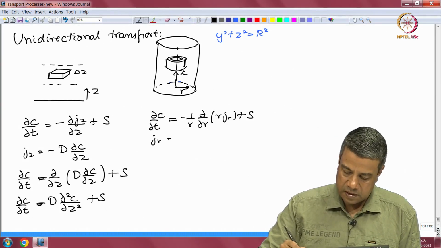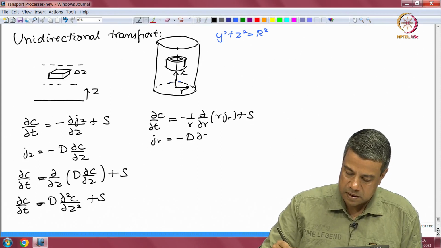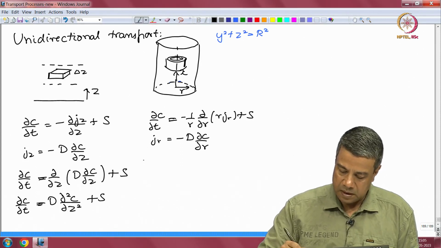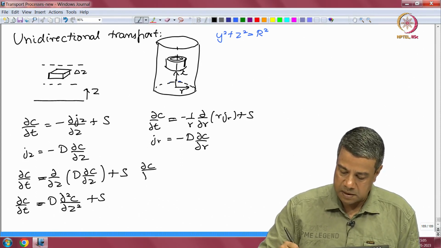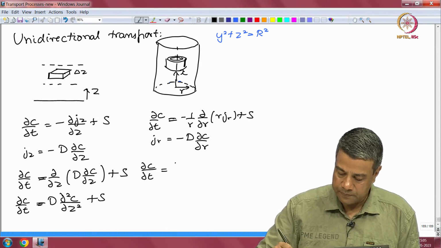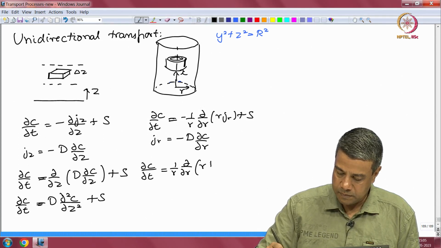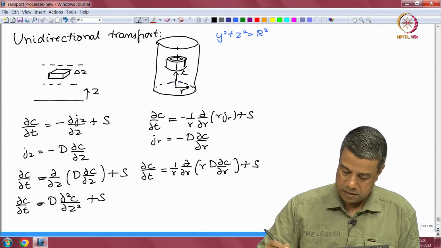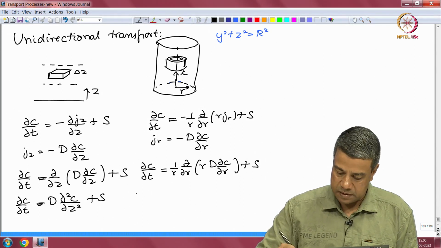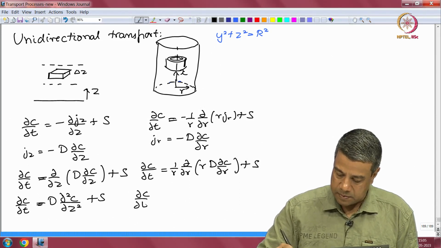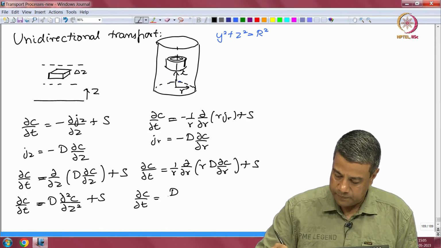J r, flux in the r direction, is minus d partial c by partial r. Therefore, the conservation equation becomes partial c by partial t is equal to 1 by r d by dr of r d partial c by partial r plus s, and if the diffusivity is a constant, partial c by partial t is equal to d times the same operator.